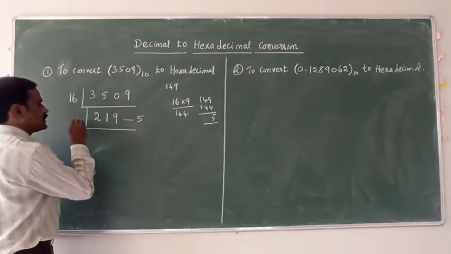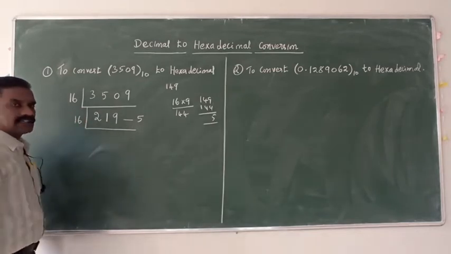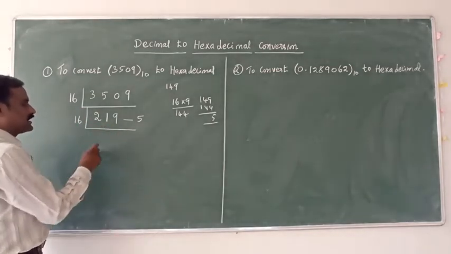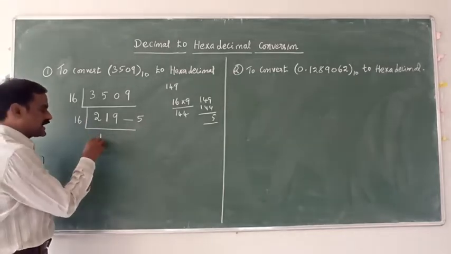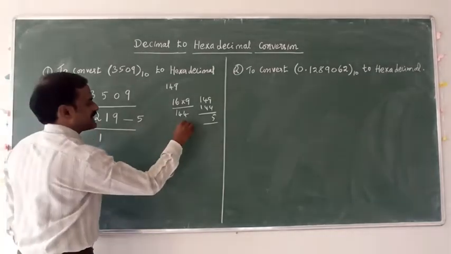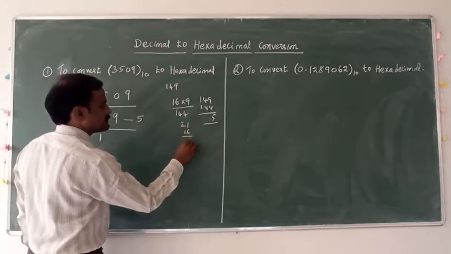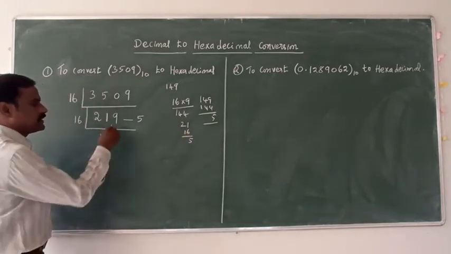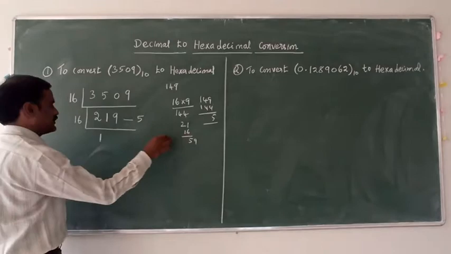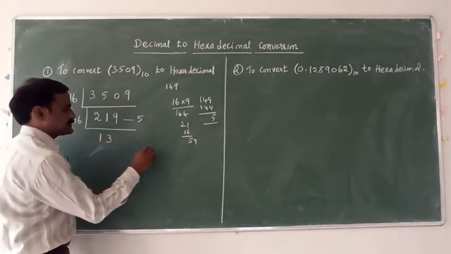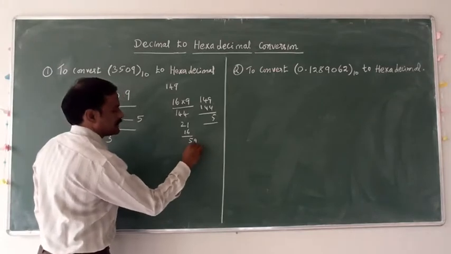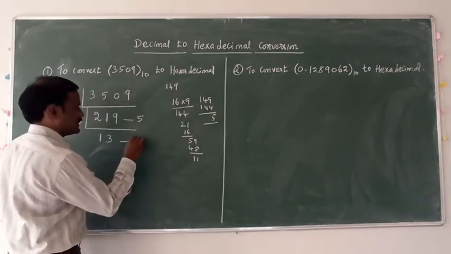After that, divide by 16 again: 219, 21 divided by 16 is 1 time, remainder 5. This is for 9. Then 59 divided by 16 is 3 times, 48, remainder 11.